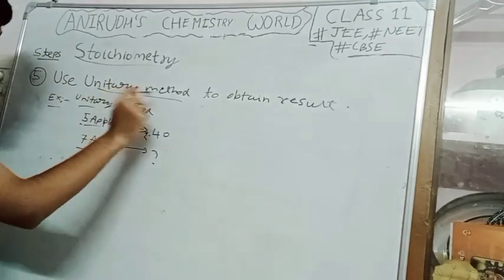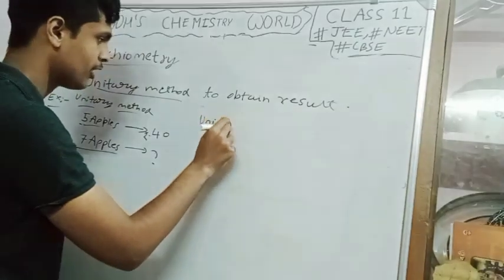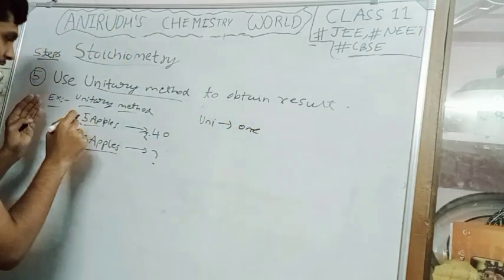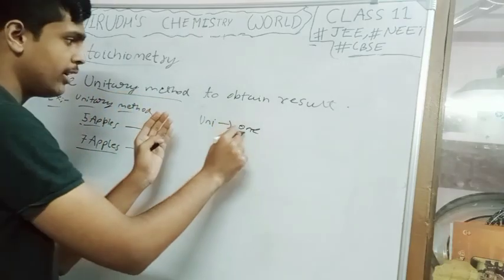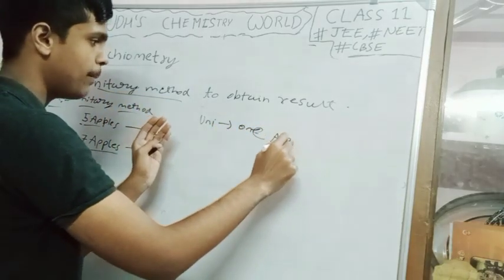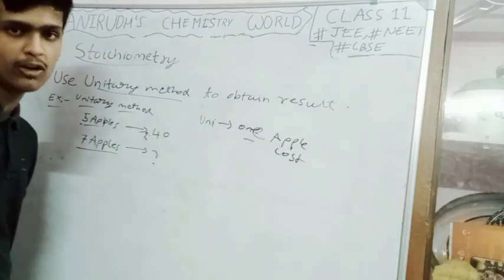Now, the name itself states unitary. Uni means 1. You are calculating for 1 apple. From 5 apples, you need to convert into the cost of 1 apple. After that, you need to multiply with the number of apples.